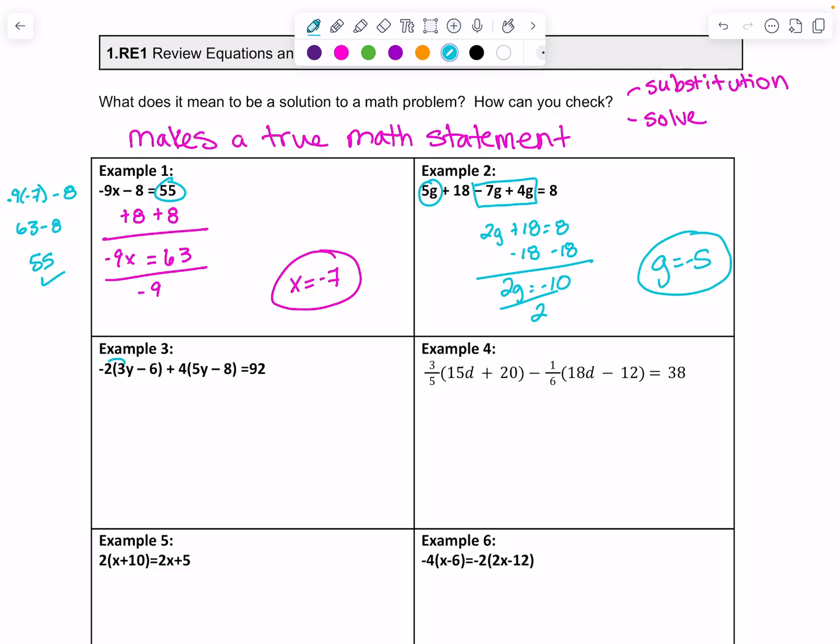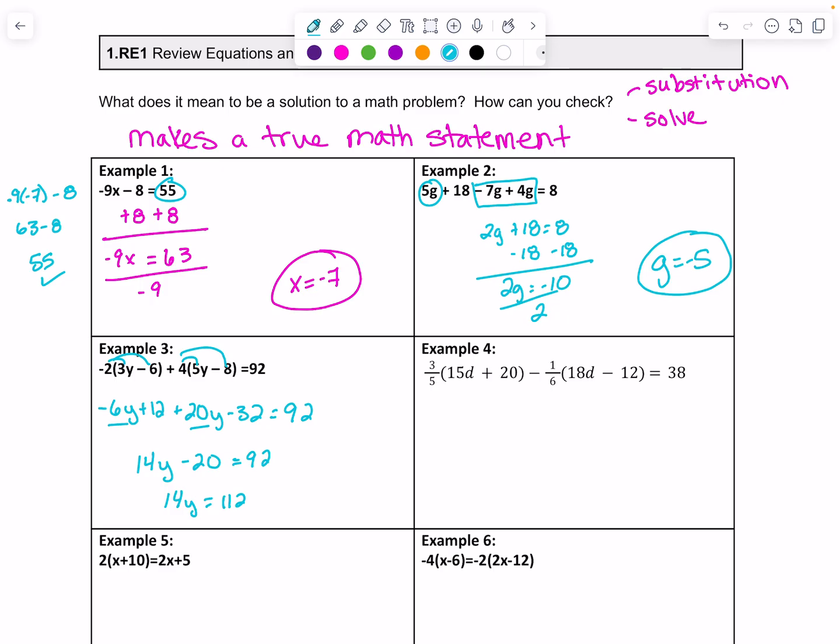Okay, these next ones we have to distribute, so -6y plus 12 plus 20y minus 32. Combining like terms, 14y minus 20 equals 92. Add that 20 and divide by 14.